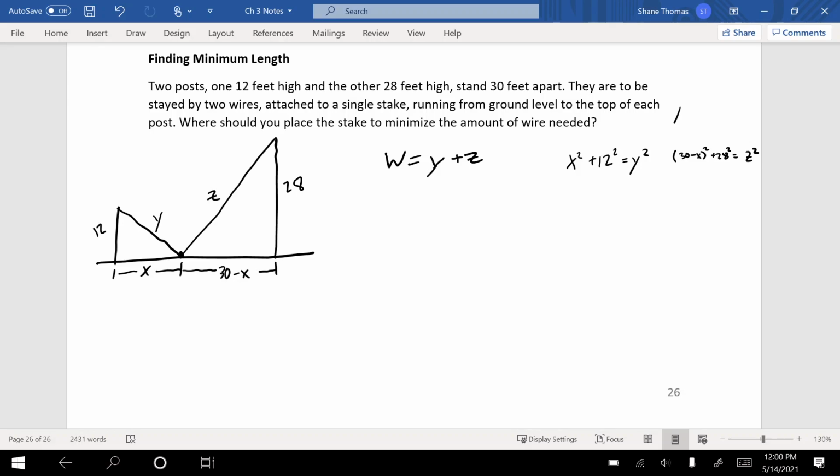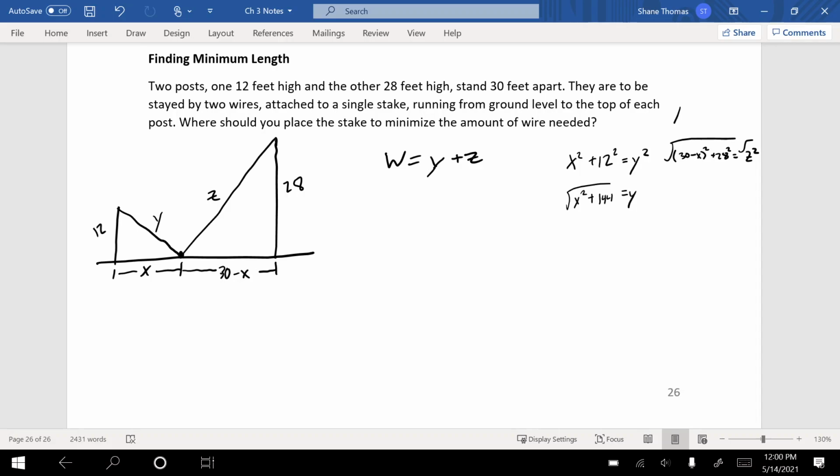So this one here, I just square root both sides, so I have the square root of x squared plus 144 is equal to y. The second side, I'm going to have (30 minus x) quantity squared, square root both sides of this.